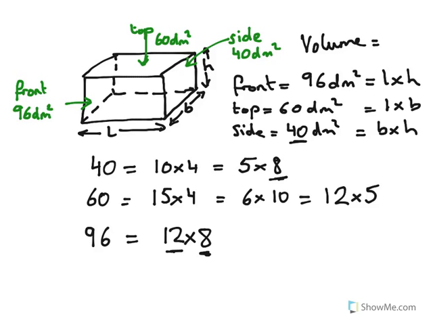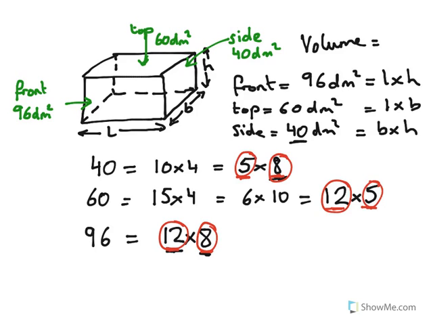Here I've got 5 by 8. Here I've got 12 by 5. Here I've got 12 by 8. So that means I've got 12 2 times, I've got 8 2 times, and I've got 5 2 times.